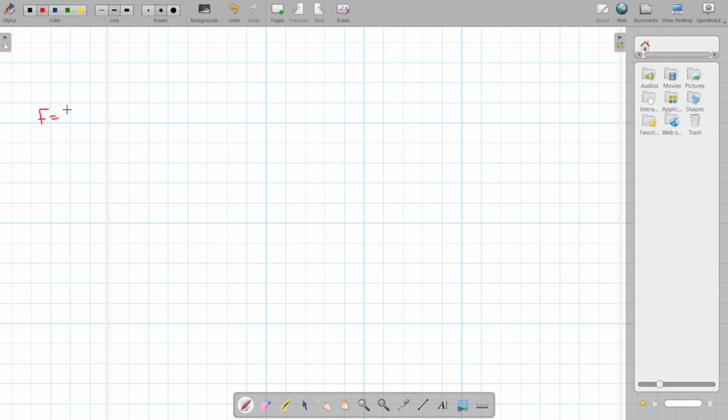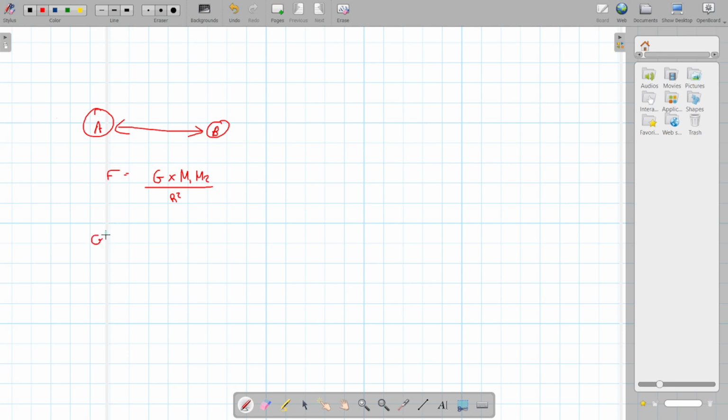The first one is the force between two objects. Whenever you have two objects in space, A and B, there's always a force in between them. This is what we call the gravitational force. To find this force, it's G times m1 times m2 over r squared.